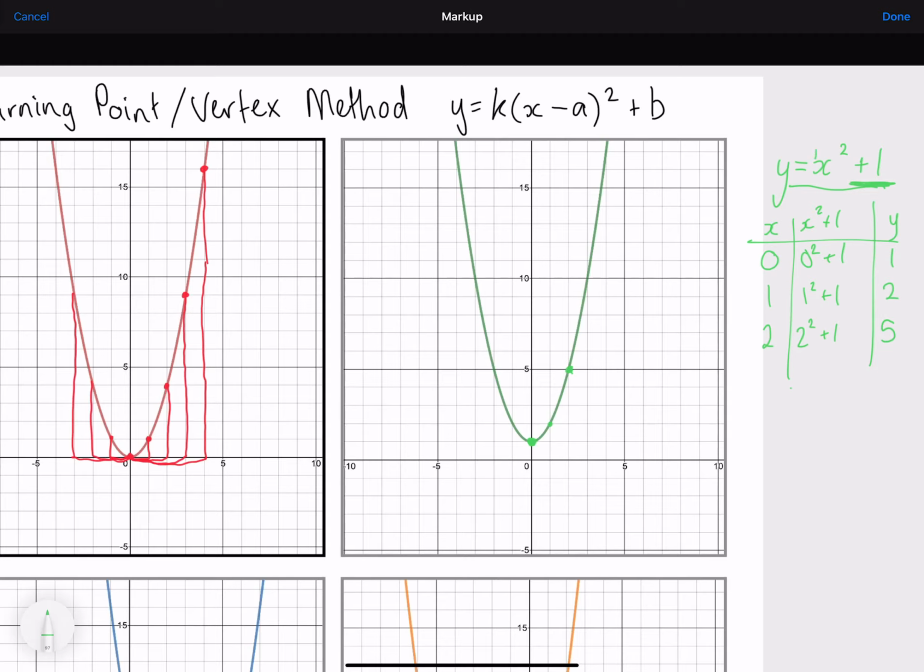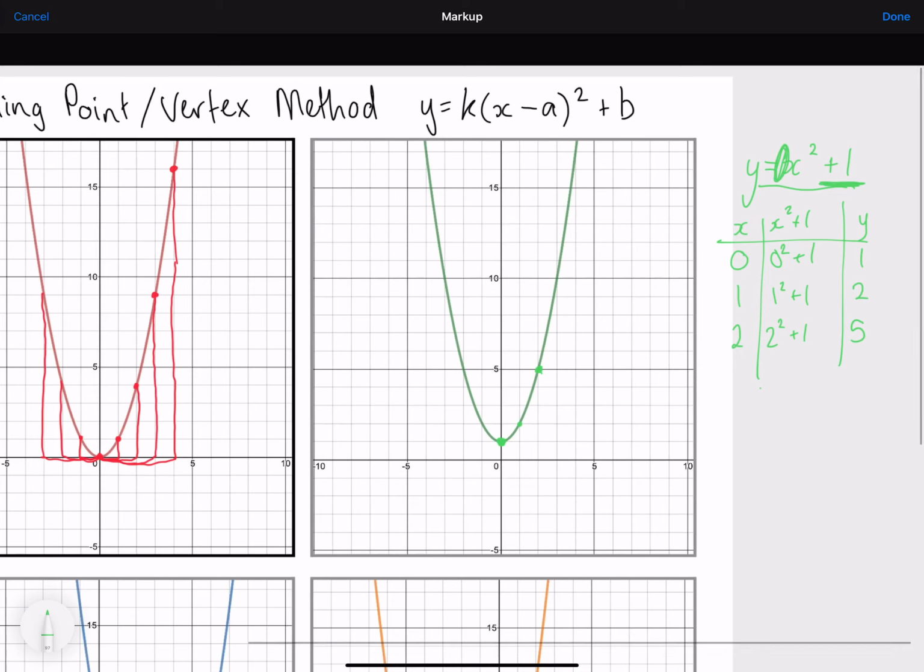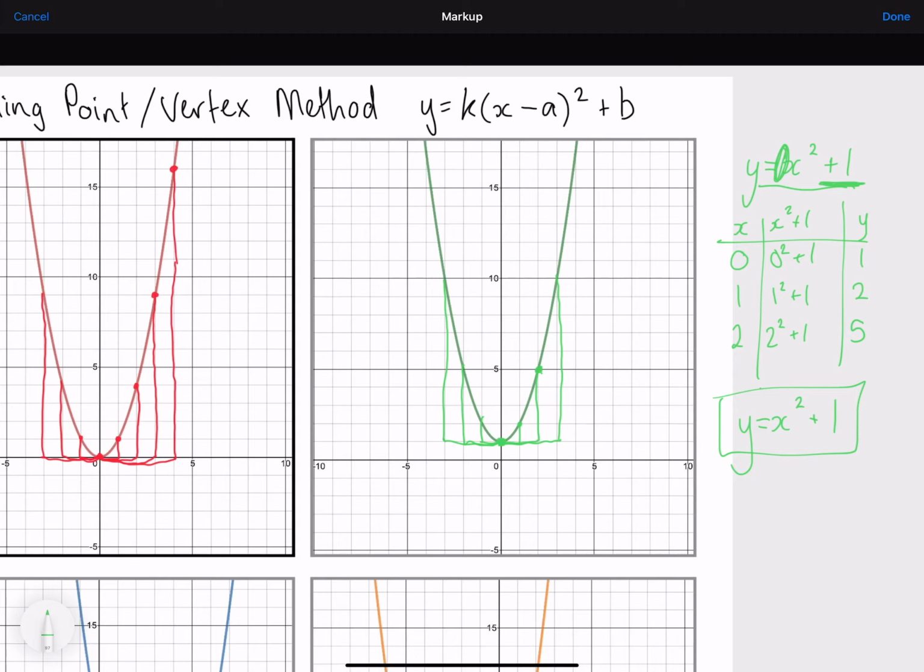And then I think I've got nothing in front of that x squared, so it's just going to be the normal format of across 1, up 1, across 2, up 4, across 3, up 9, and so on. And the same back in the other direction. Across 1, up 1, across 2, up 4, across 3, up 9. So when we know our turning point or vertex format of the graph, that can be really easy to plot.